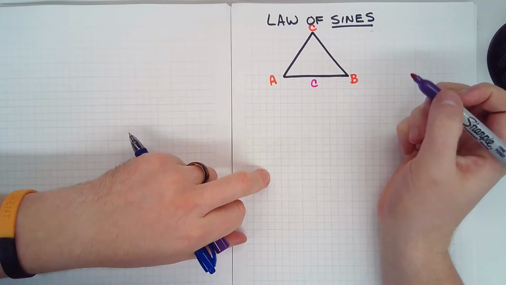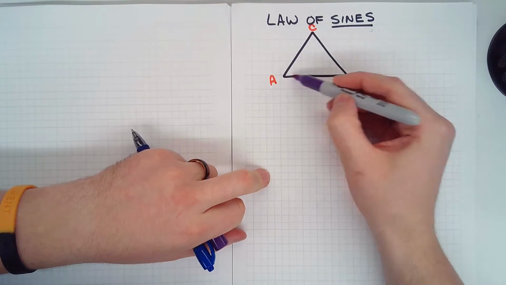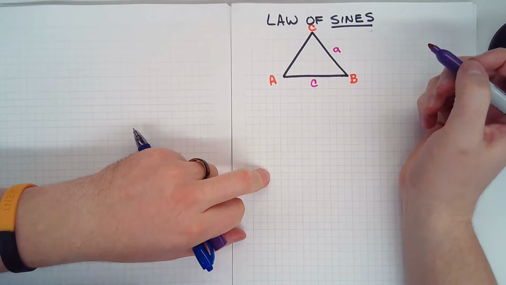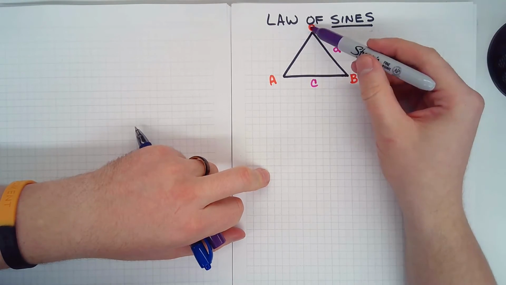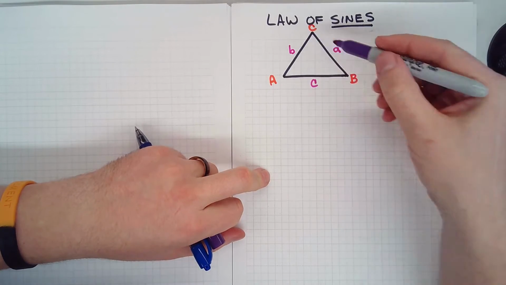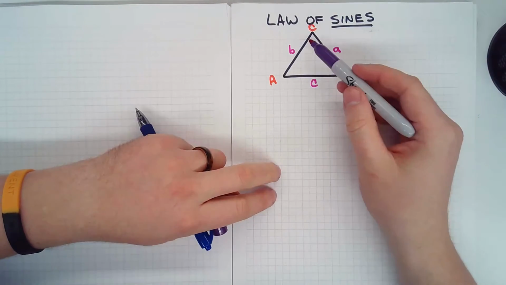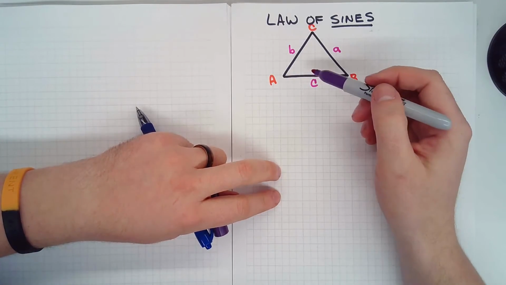Across from each other here, this angle A opens up into this side. Let's use lowercase a, a little easier to tell apart from capital A, and lowercase a versus the C's. Capital B opens up into little b, which again is referring to the sides. So the tiny letters refer to the sides, and the uppercase letters refer to the angles.